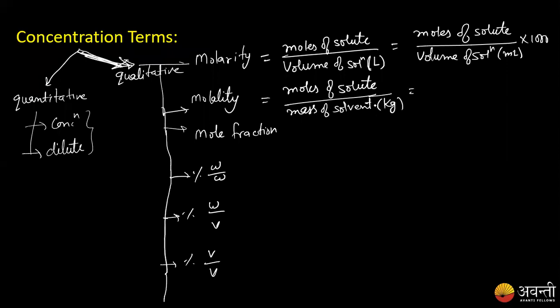If it's not in kg and is given in gram, then we write moles of solute divided by mass of solvent in gram, and we multiply by 1000. So far so good? Yes or no, guys?